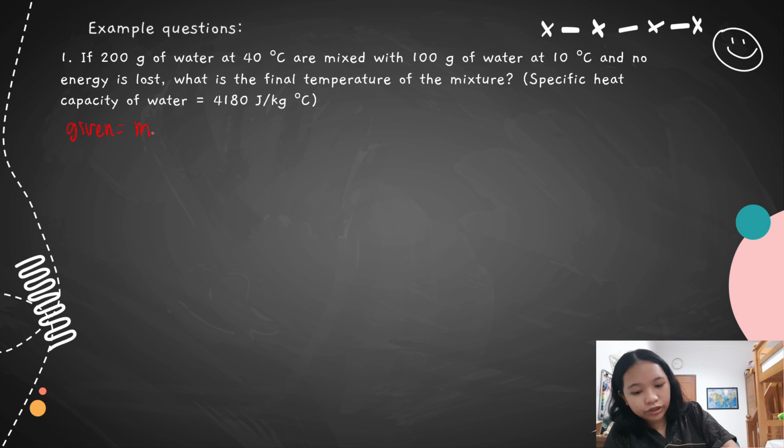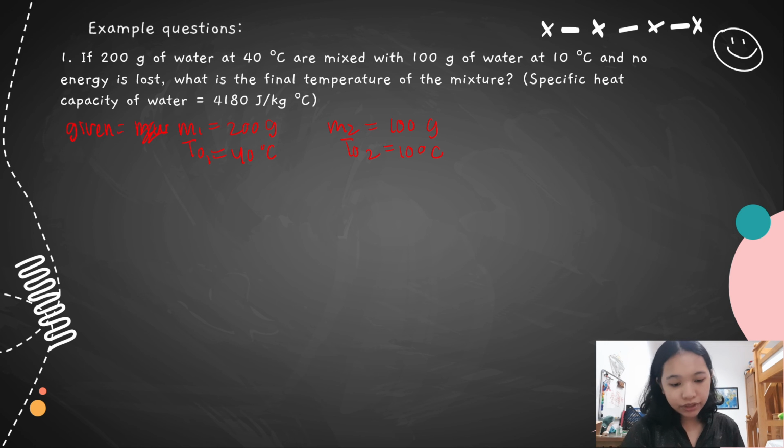Given the mass of water, so both are water, the mass of water 1 is 200 grams with an initial temperature of 40 degrees Celsius, and our second mass of water is 100 grams, and it has a temperature of 10 degrees Celsius.